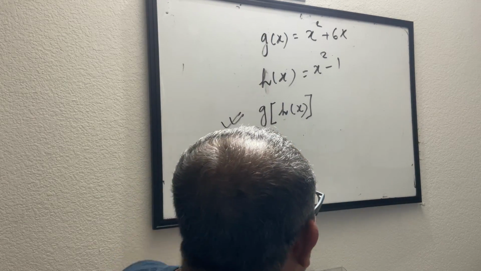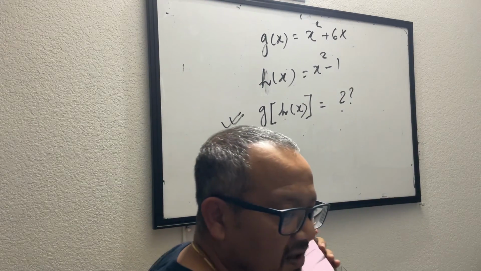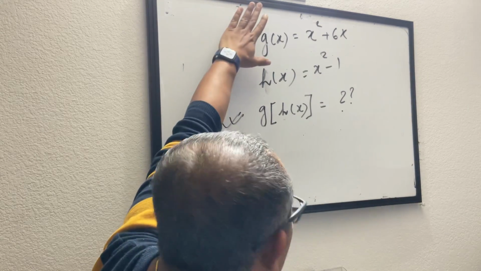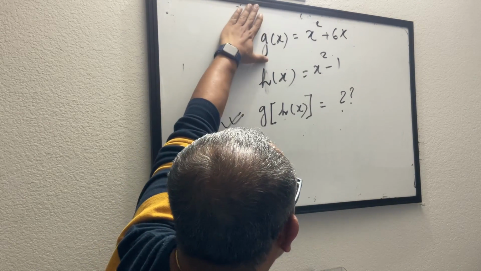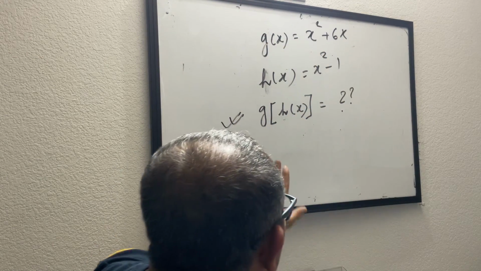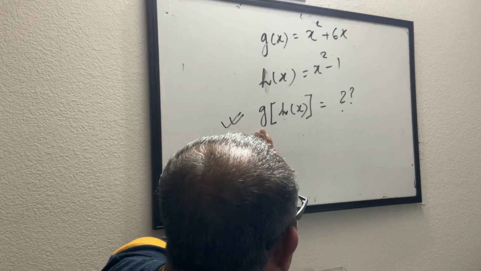So we have to find out what this equals. We have been asked to find how to write the expression for g of h of x.